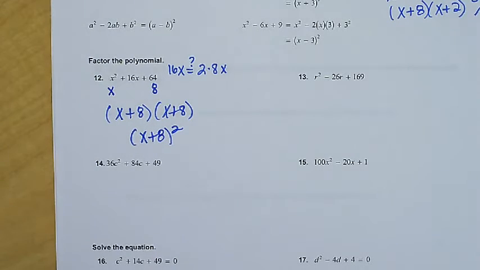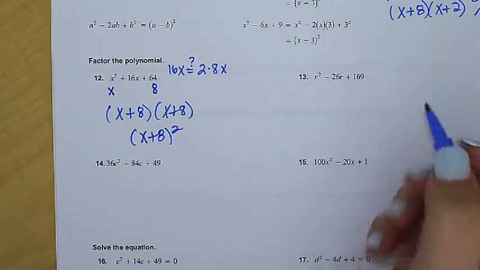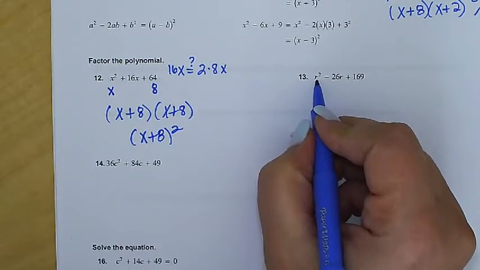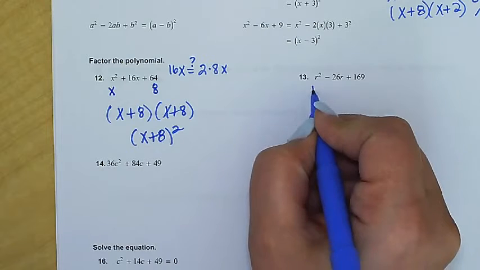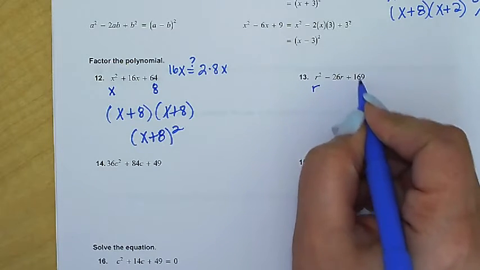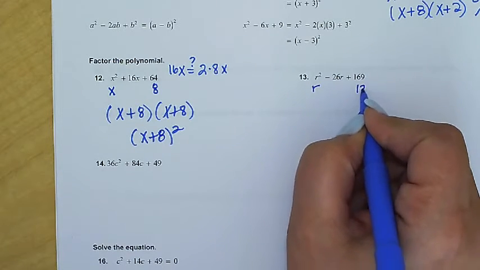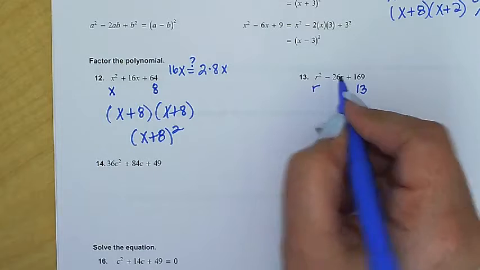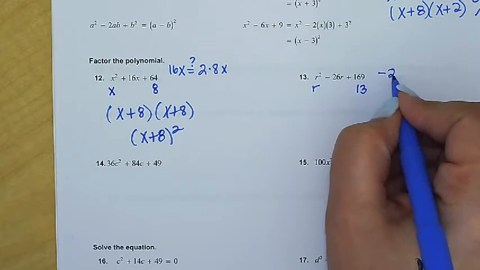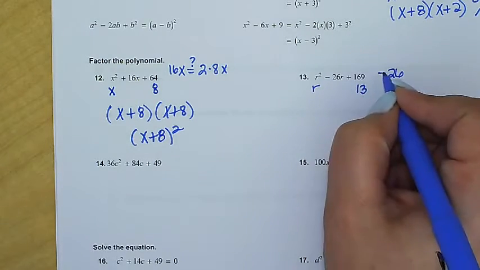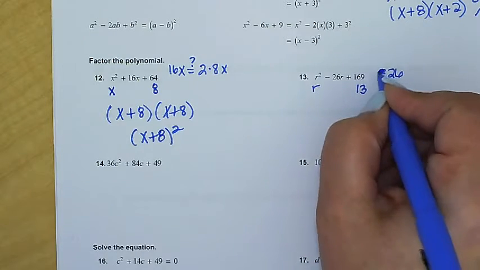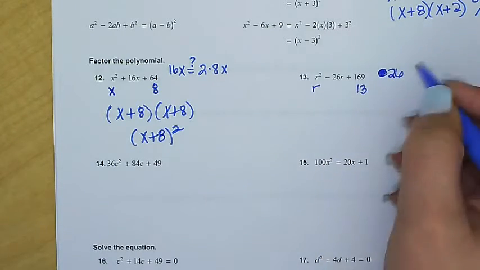Okay, let's try number 13. On number 13, I see a perfect square here and here. The square root of r squared is r, and the square root of 169 is 13. So the question is, negative 26, actually, it's going to just have a negative in the middle, so don't even worry about the sign. 26 is what we really care about.